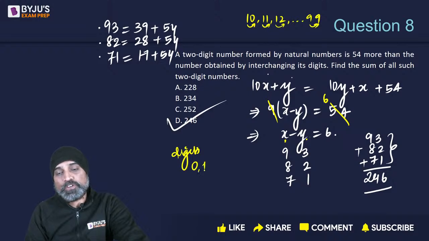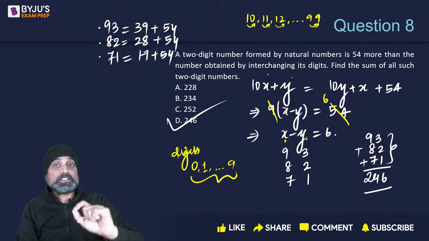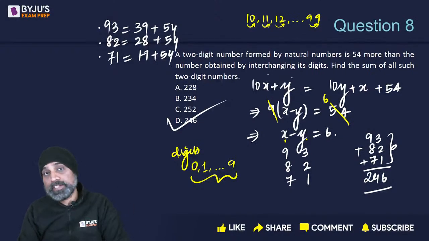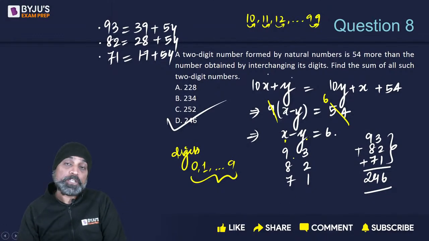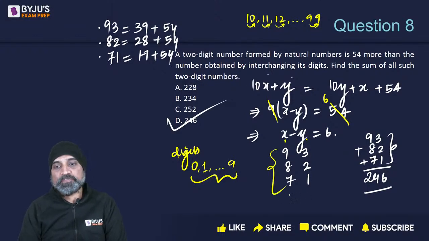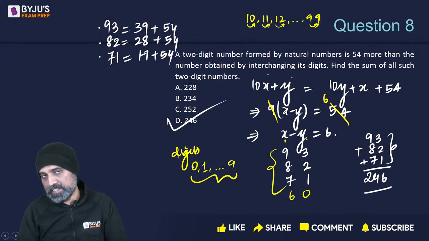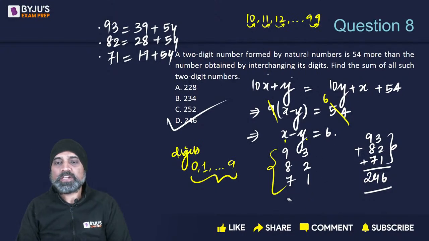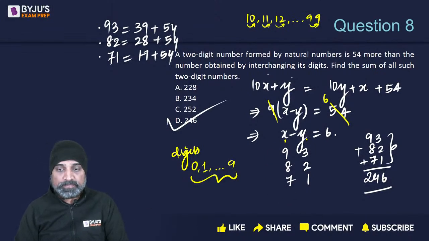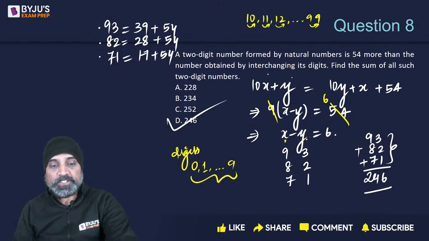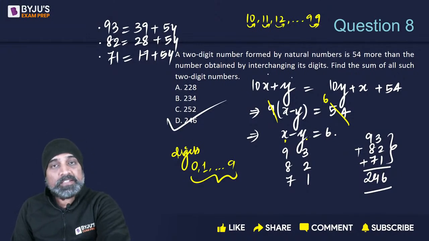These are the digits from 0 to 9. So x and y are digits. That means they can only take values from 0 to 9. I can't take x as 0 because it won't be a 2-digit number. So we have only these 3 cases. And if I take 60 also, it will cross 300. We don't have an option that says so. So that also gives us a very good idea that you are not supposed to take 6 minus 0 equal to 6. Okay, I hope I answered your query, Chandan.